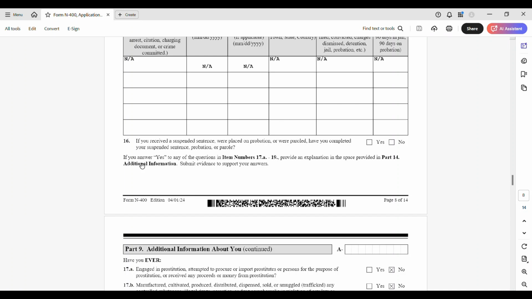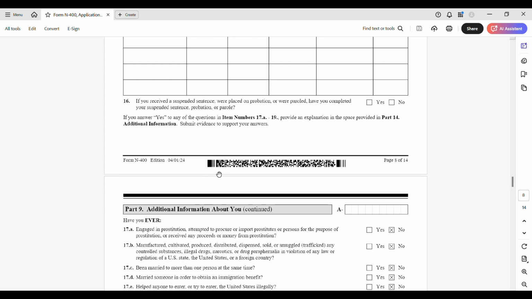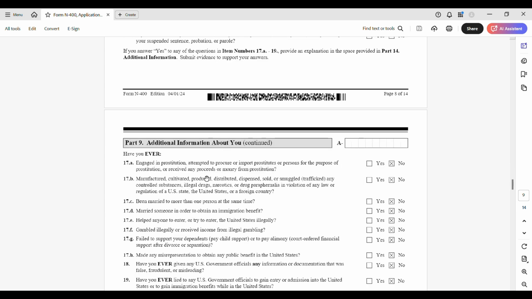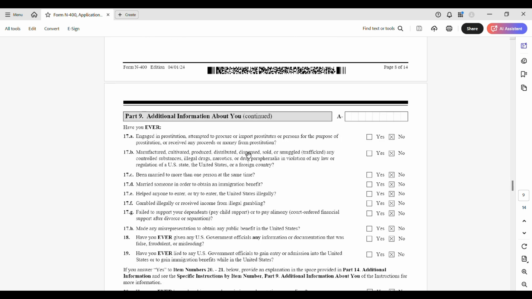If you answer yes to any of the questions in item numbers 17A to 19, provide an explanation in the space provided in part 14, additional information. Submit evidence to support your answers. Part 9, additional information about you continued.